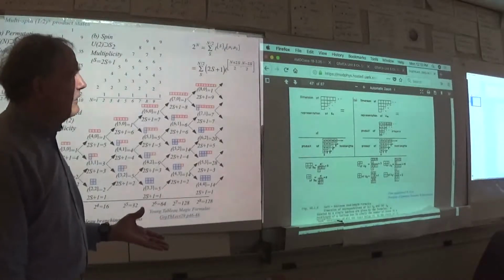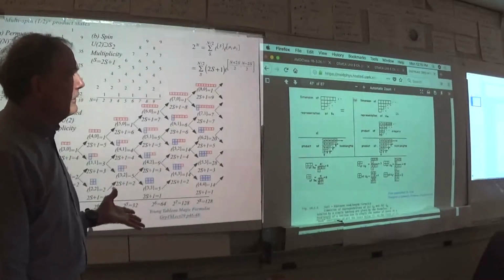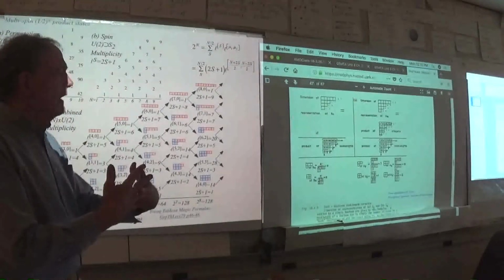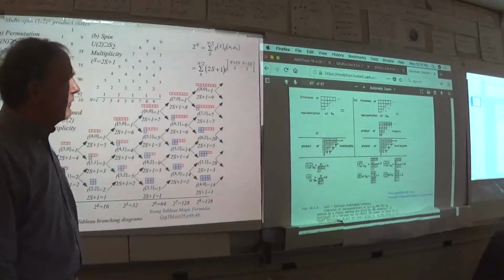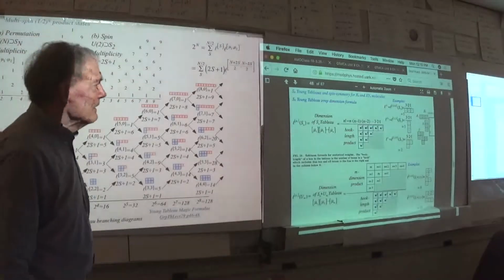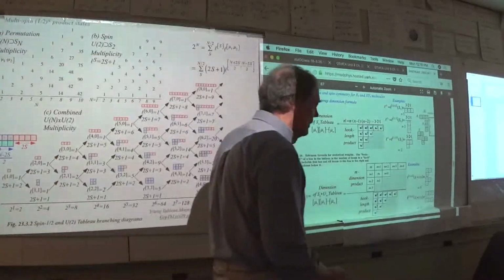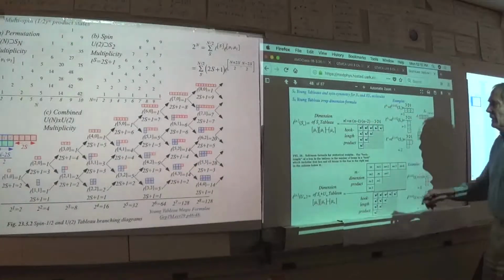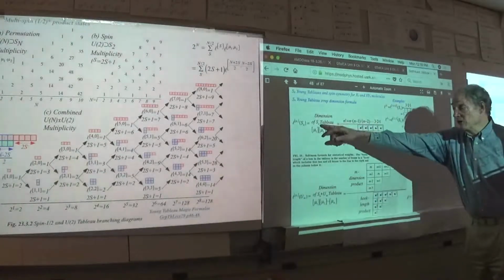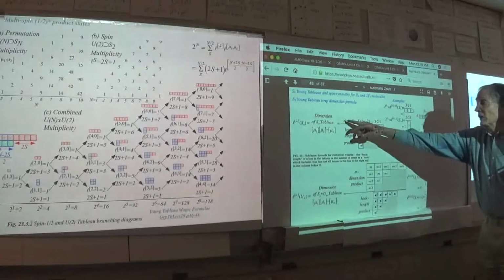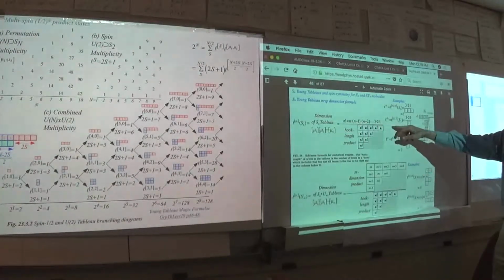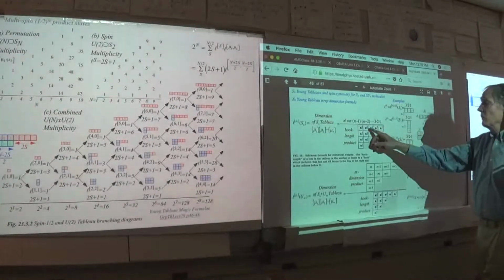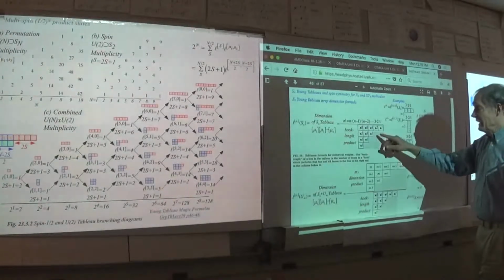And we're getting the dimensions of the representations of both the unitary and the permutation groups. And they're intertwined, and there's a reason for that intertwining. It's called Mach principle. But the basic idea here is that if I need to find the dimension of a tableau, that is a permutation dimension, I put n factorial up in the numerator here, and then the tableau is assigned hook lengths.